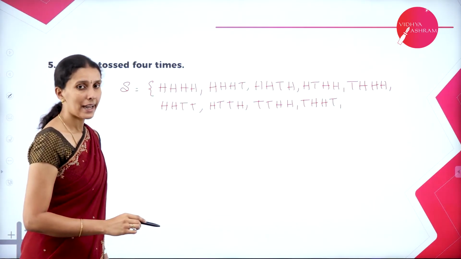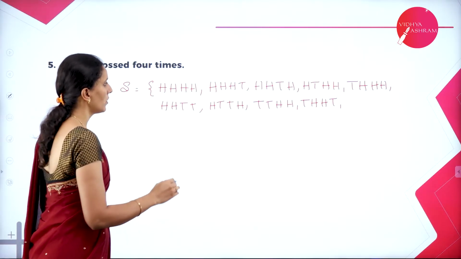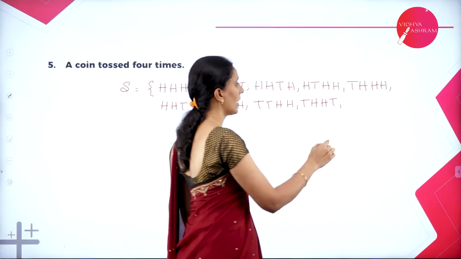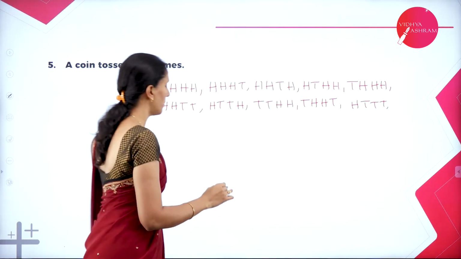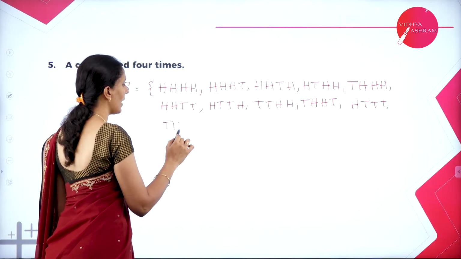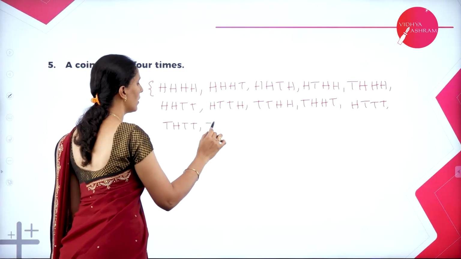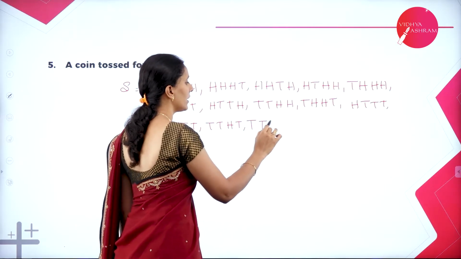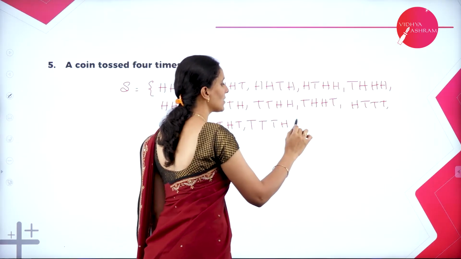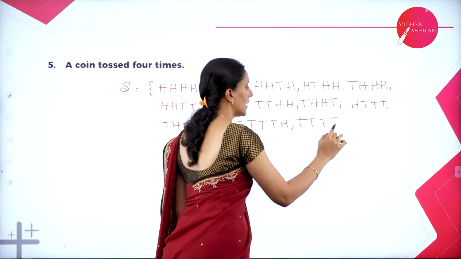Let's take tails 3 times now. So you might get H, T, T, T, or T, H, T, T, or T, T, H, T, or T, T, T, H. The last one is where you might get all tails.